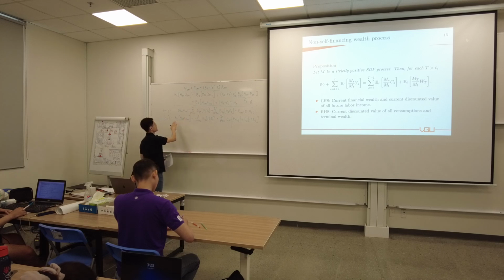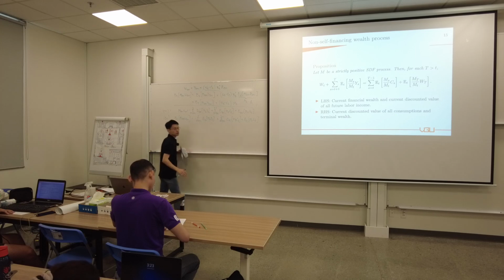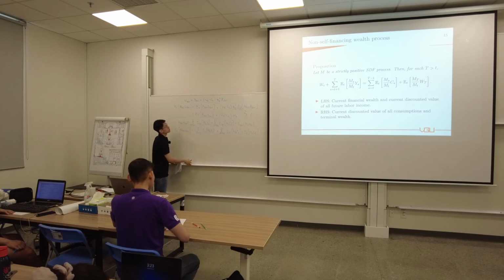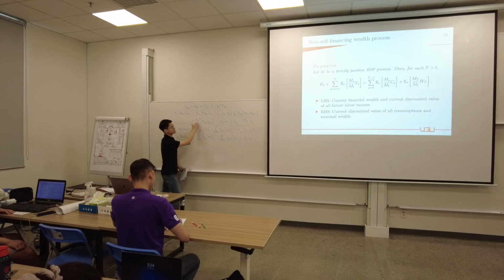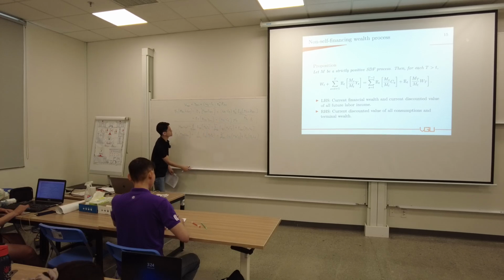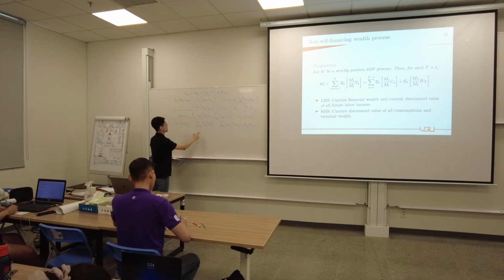So we have conditional expectation of m tau plus 1, W tau plus 1, conditional on time tau information, which is this long summation. With the intertemporal budget constraint, we know that the conditional expectation of m tau plus 1, W tau plus 1, conditional on time tau information has this form. So these two must be the same, so we can just equate them. Now we know that this and these are the same, so what do we get?